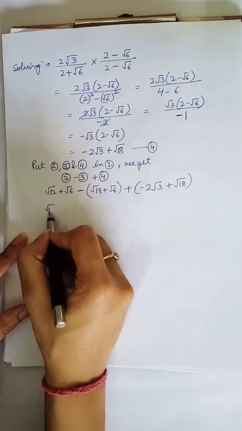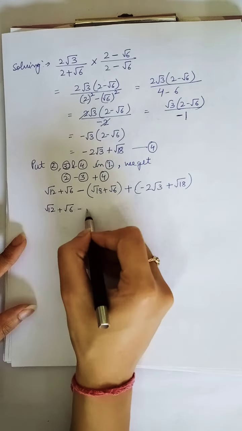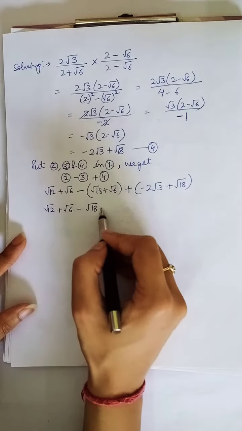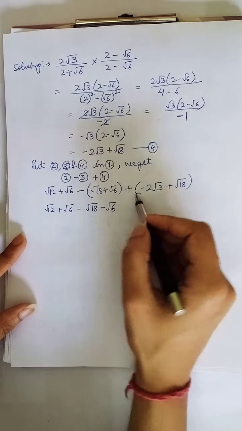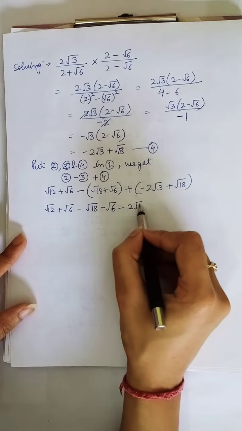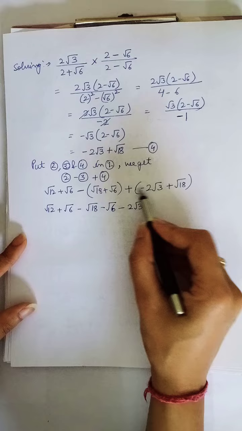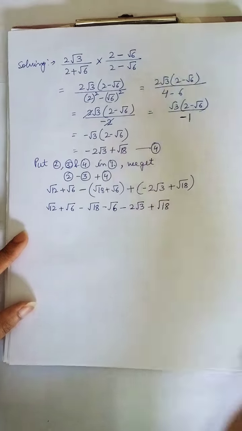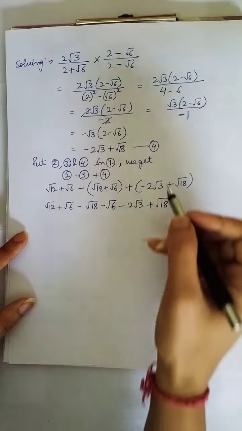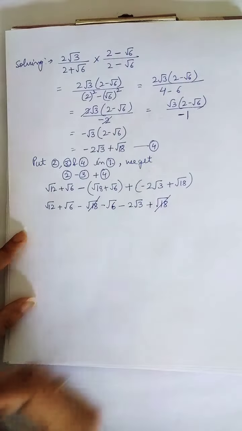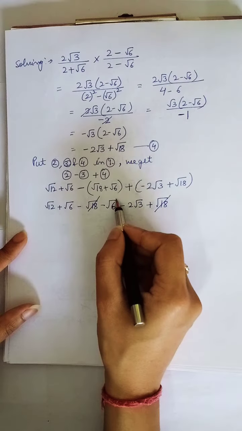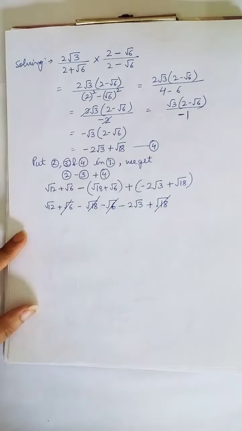Okay, in the first. Now solve it. Root 12 plus root 6 minus root 18. Now negative root 6 minus plus minus 2 root 3 plus root 18. Okay, now cut it, cutting negative and positive. Root 6 is also, this one is positive, this one is negative.